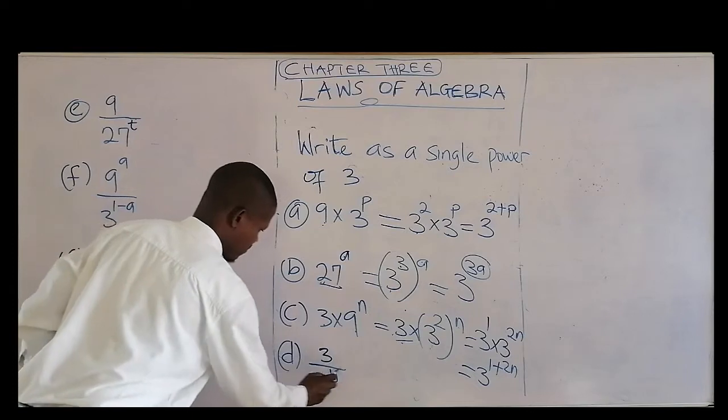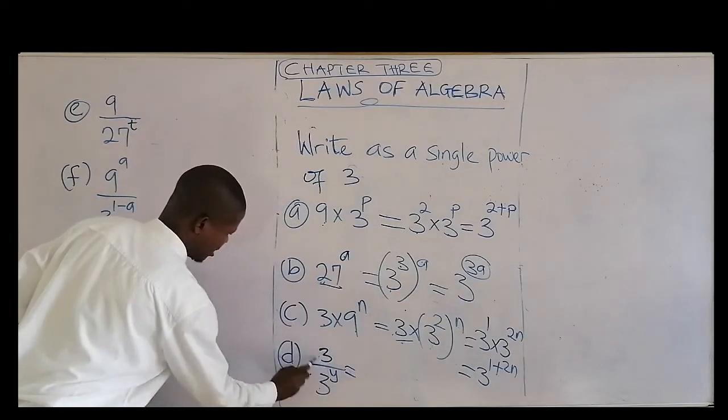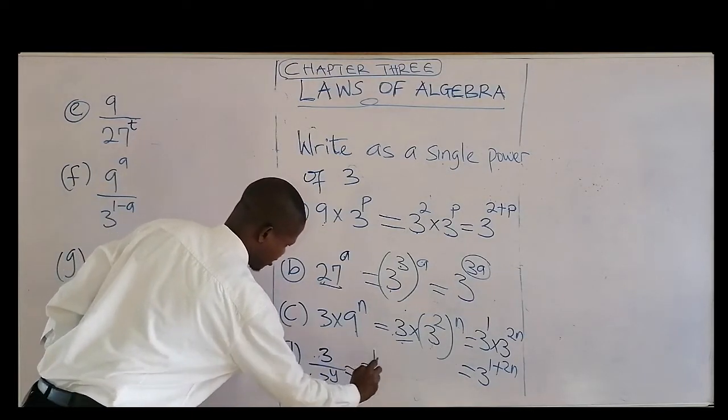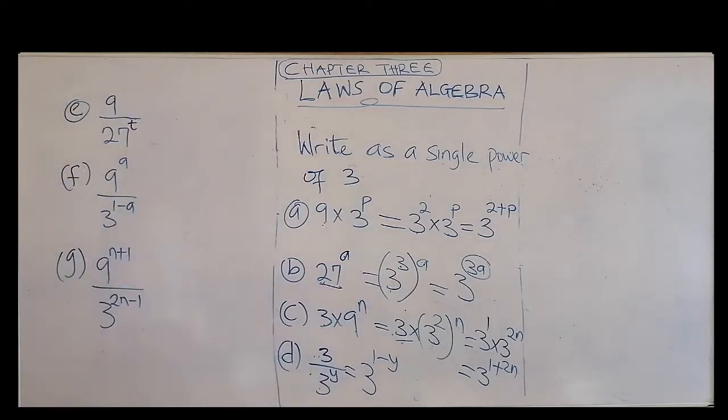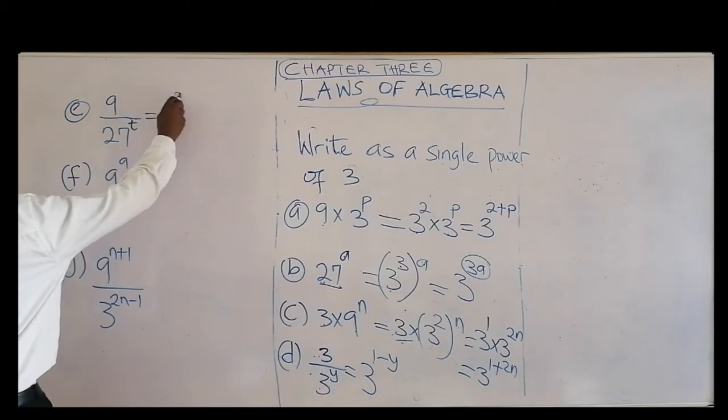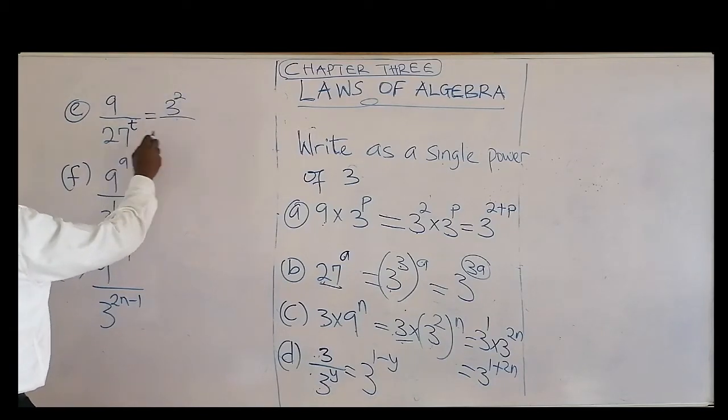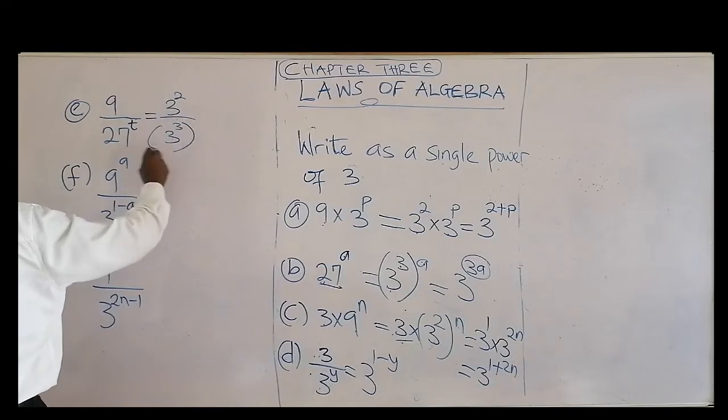Then for this one, you take one of the bases, then you subtract the powers. So that's a single power of 3. Here, 9 is 3 to the power 2, and 27 is 3 to the power 3.